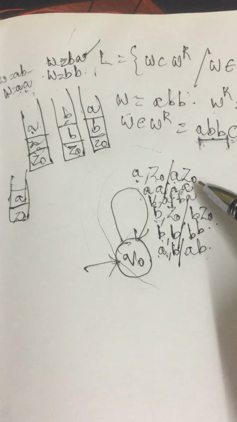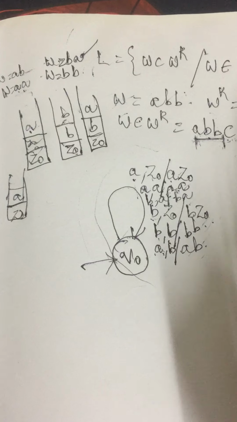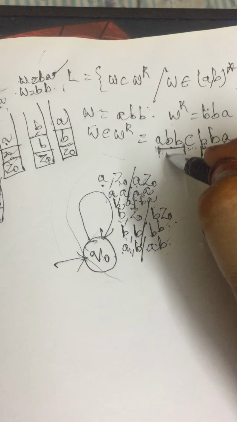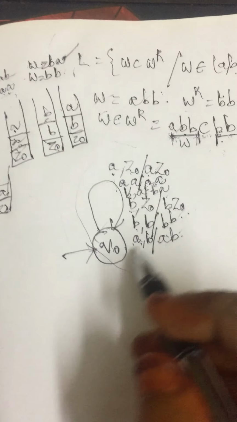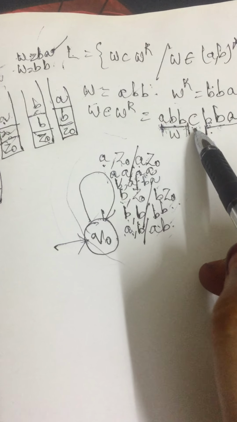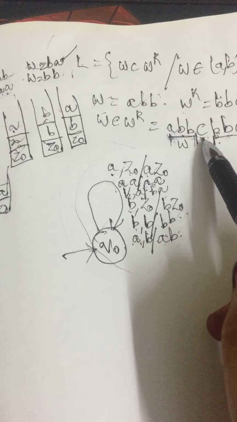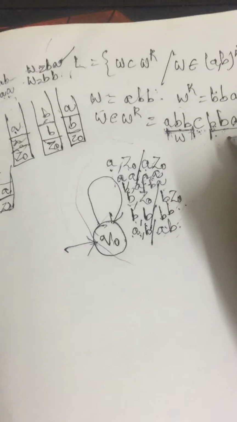So these are the 6 scenarios we need to consider here. This is how we have performed the W part. Now from W, the input alphabet is going to change to C. As I told you, C is nothing but a separator between W and WR part.